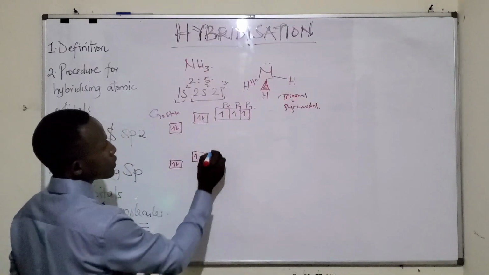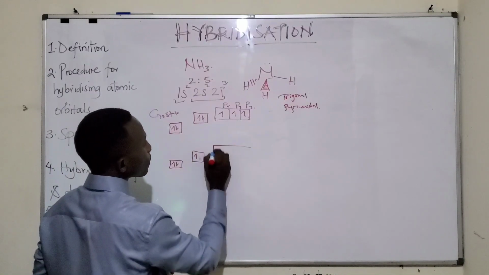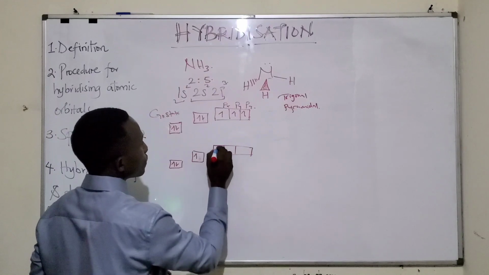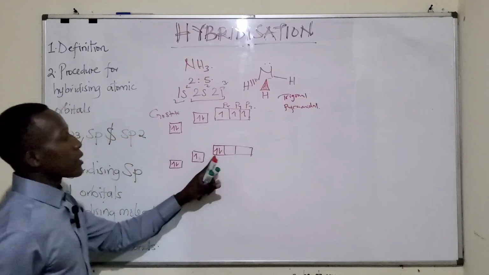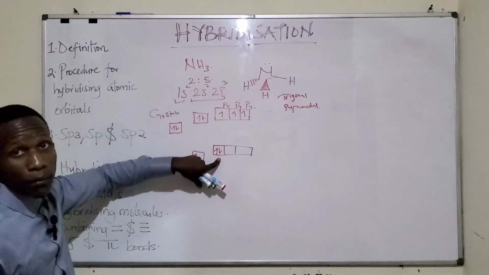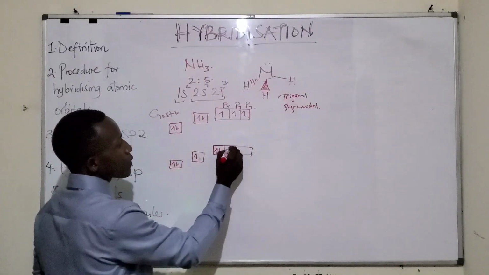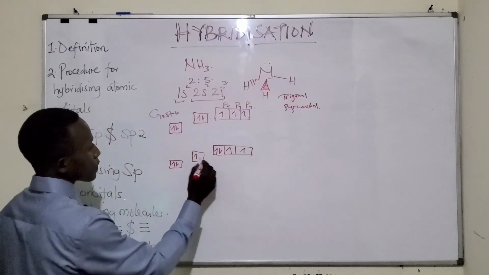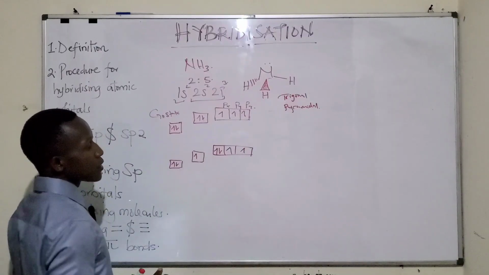Now this is one. Then we have this. Now the electron pair is in the p orbital. Then this and this. Then we have to mix the hybrids.